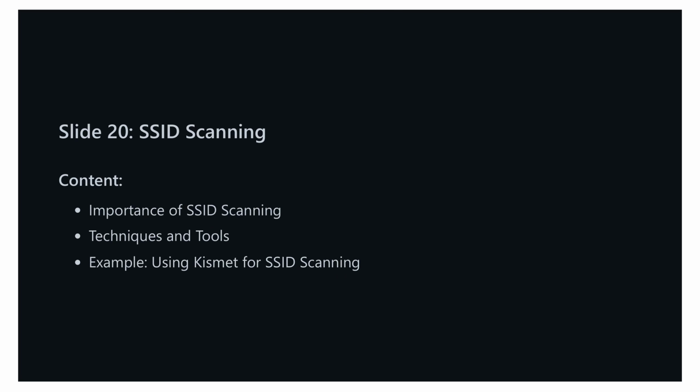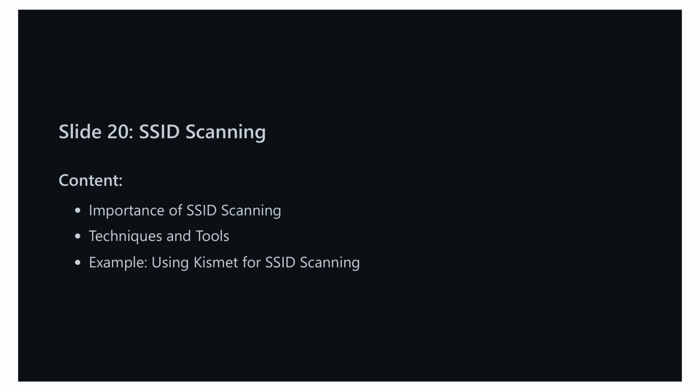Now that we've covered an overview of wireless scans, including SSID, channel, and signal strength scanning, let's focus on SSID scanning in more detail. SSID scanning is crucial for identifying wireless networks in your vicinity. This process allows you to not only find the names of the networks, but also understand their presence and distribution. There are several techniques and tools available for SSID scanning.